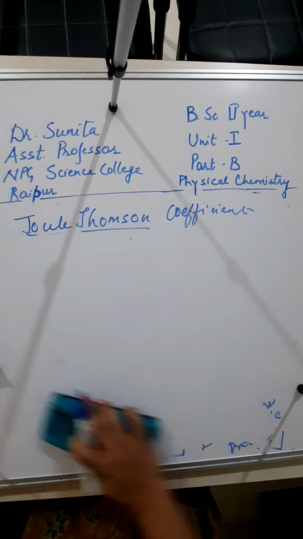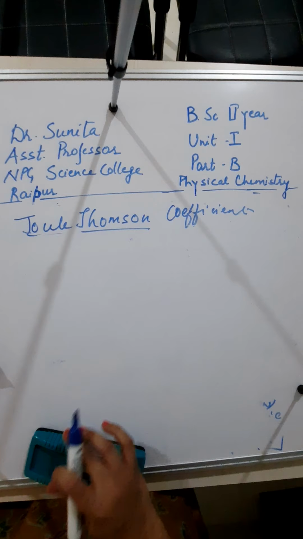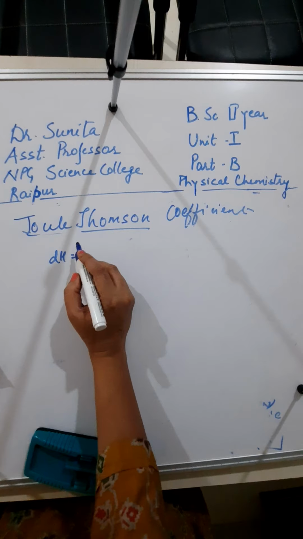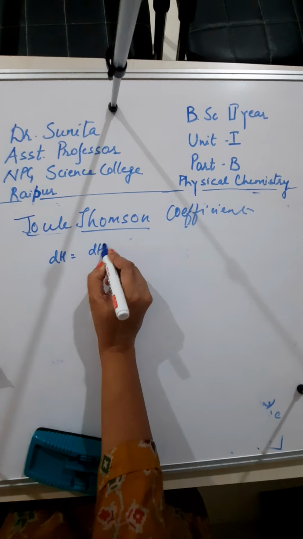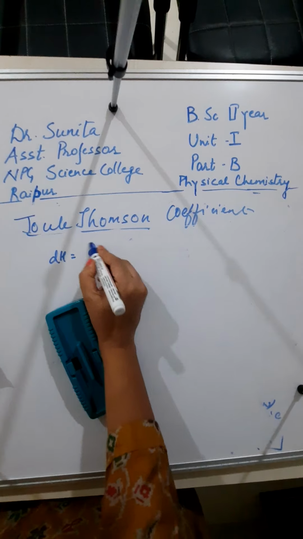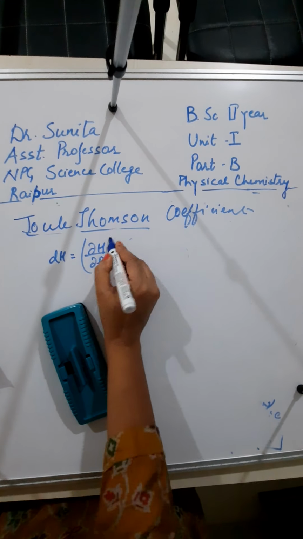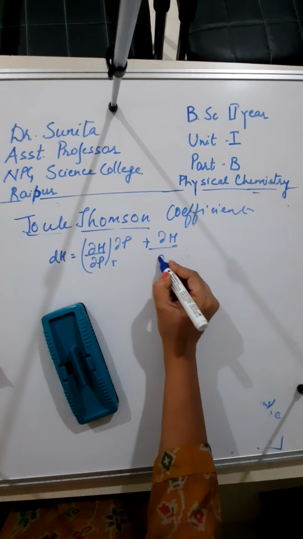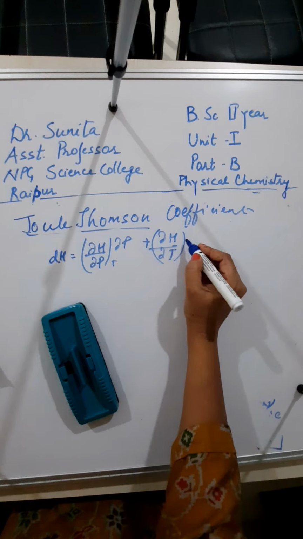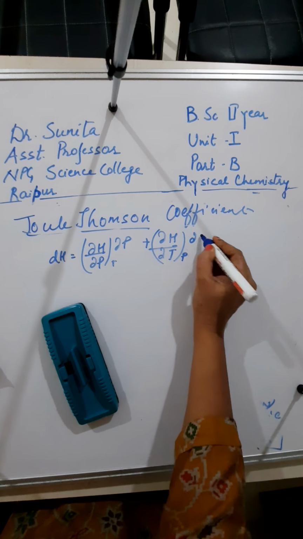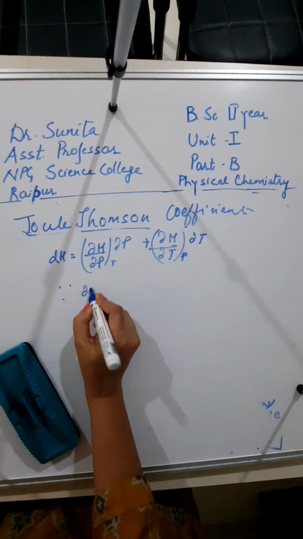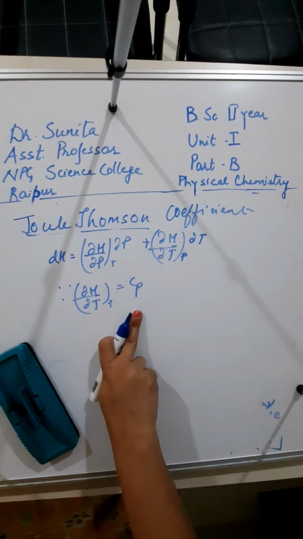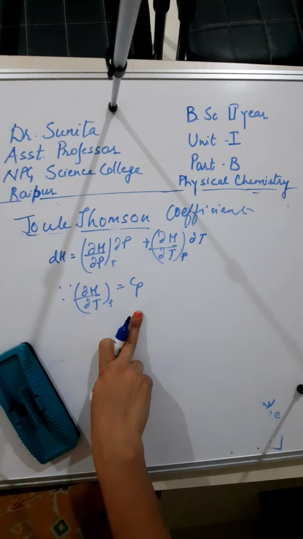Now since H is a state function, taking H as a function of pressure and temperature, we have the change at constant temperature varying the pressure, and then varying the temperature keeping the pressure constant. Now we know that del H over del T at constant P equals Cp, from our molar specific heat at constant pressure.